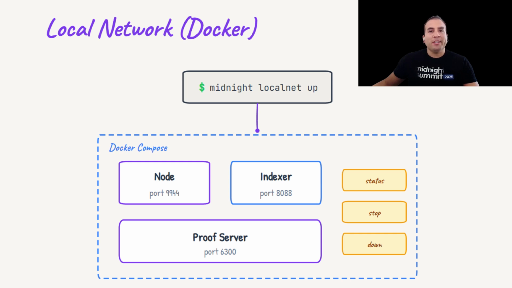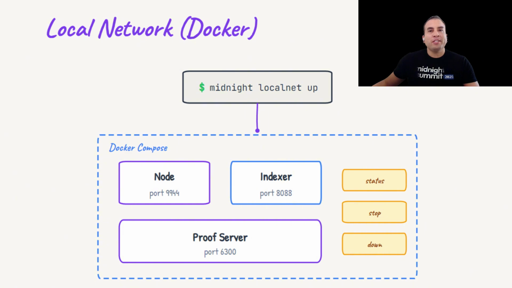You will see the CLI waiting for everything to be ready. Once it's running, you can check midnight localnet status to see the health of each service. When you're done, midnight localnet stop pauses the containers, and midnight localnet down removes them entirely. Stop is nice because it preserves state. You can start again later and pick up where you left off.